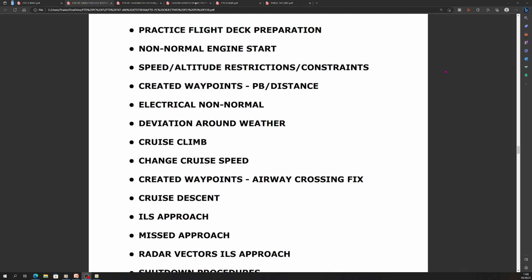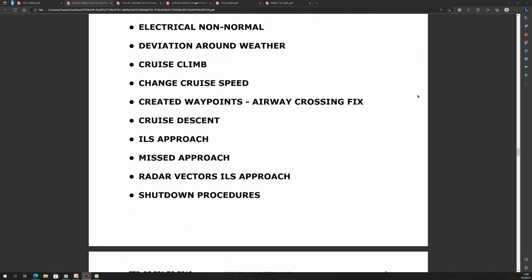We'll pick a couple of other ones besides electrical. We'll do a route offset, deviation around weather, by using a route offset. We'll do a cruise climb, which you've already done. We'll change our cruise speed, which you've already done. Again, this is in the form of review. And then here's another created waypoint, the airway crossing fix.